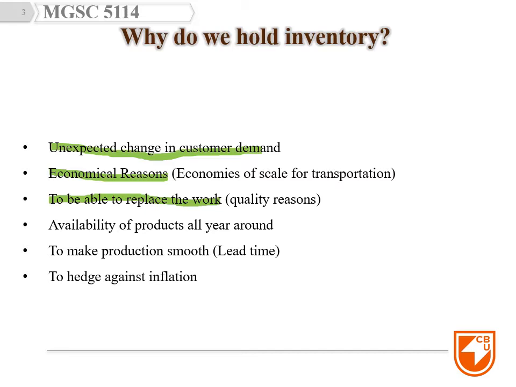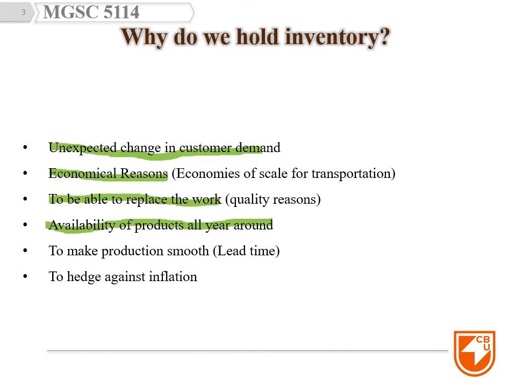The next reason is availability of product all year round. We know that the demand for a product could be different in different seasons. For example, in summer, we may purchase less warm clothes and apparel, and at the end of fall or early winter, we may buy more.